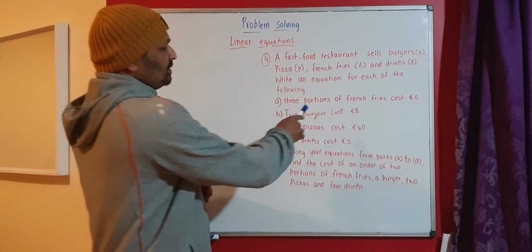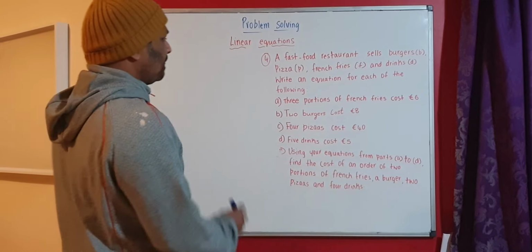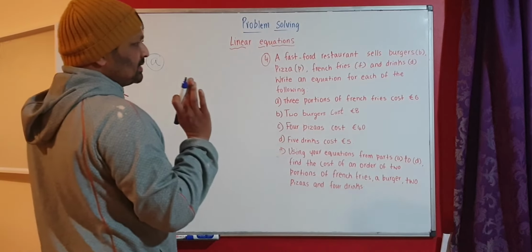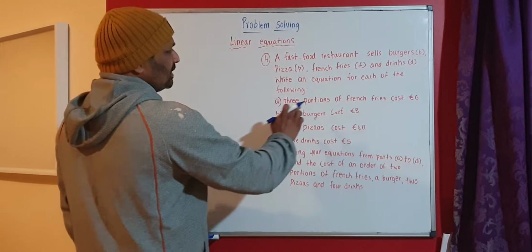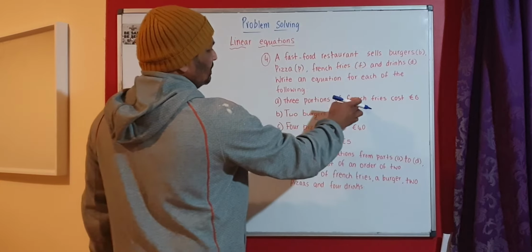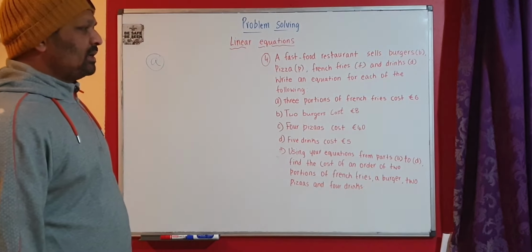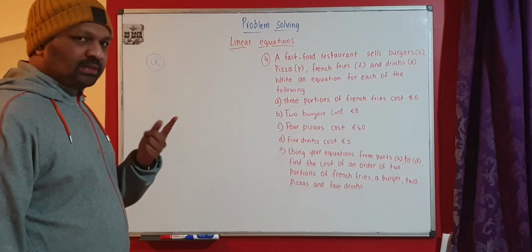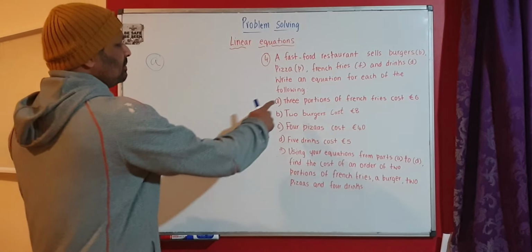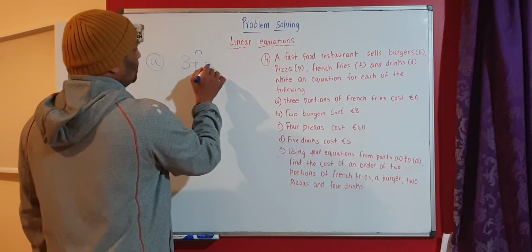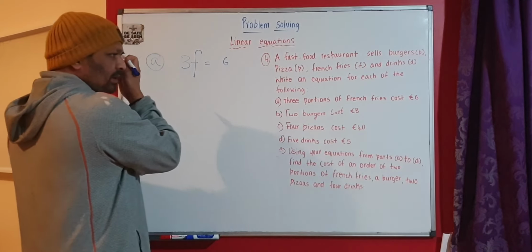Okay, 3 portions of the french fries cost 6. Let's assume that the cost of each french fries is f, because we have f here. 3 portions, as in 3f is equal to 6 euro.